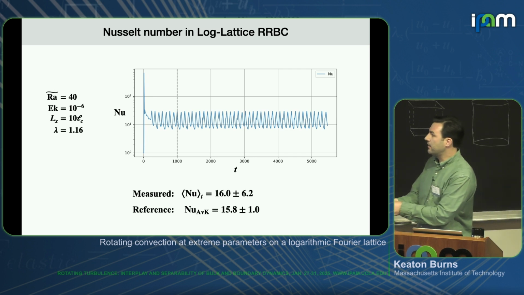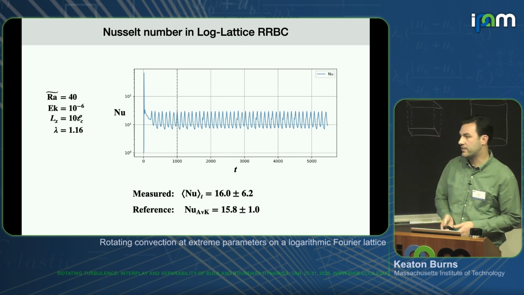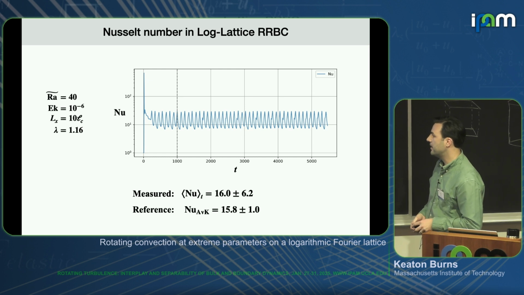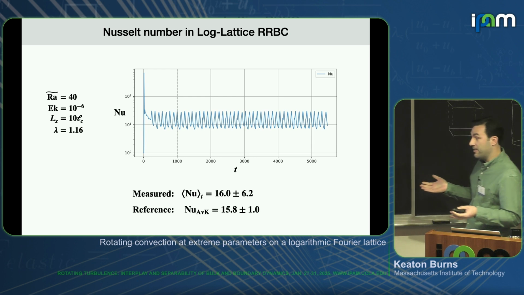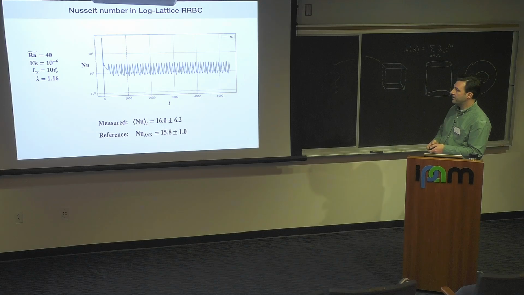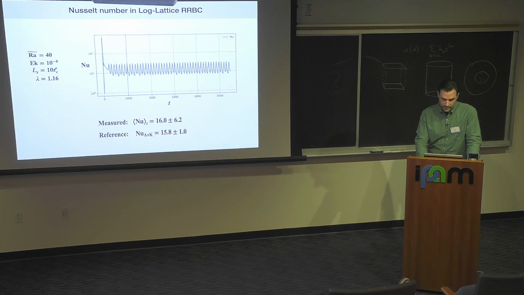Here it's 10 times the critical length. This is the same parameters as Adrian's work, so I'm using his DNS as the reference for Nusselt numbers. Maybe this is just a coincidence, but it's remarkably close to the average. So there could be some sort of critical argument for why we see that same Nusselt number.